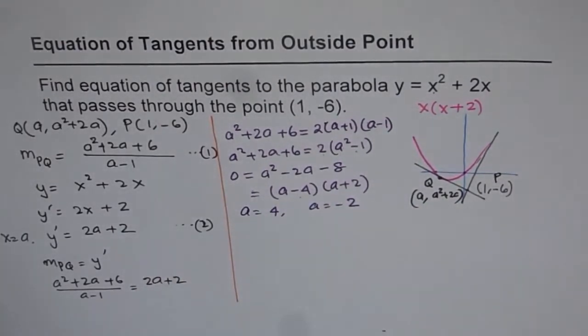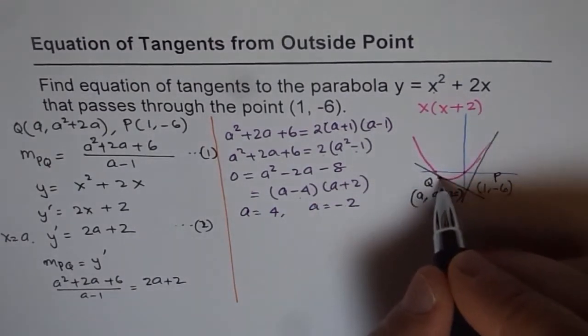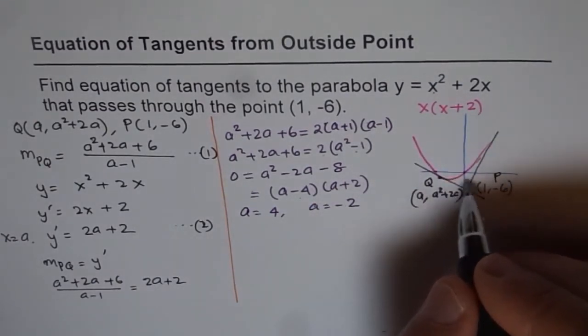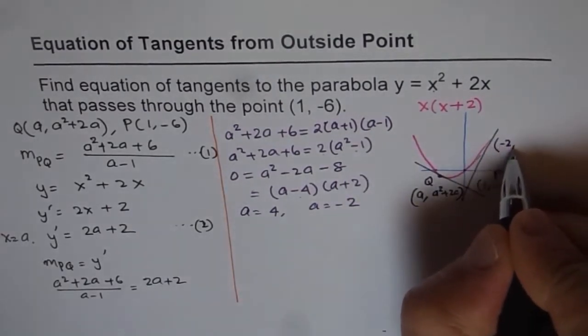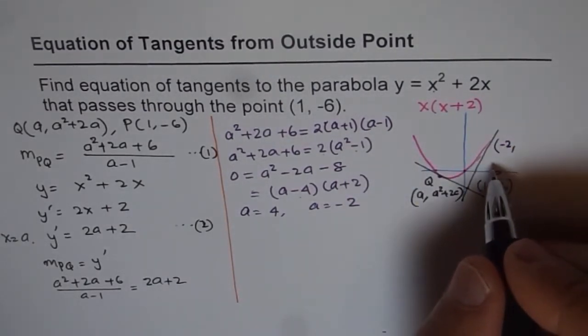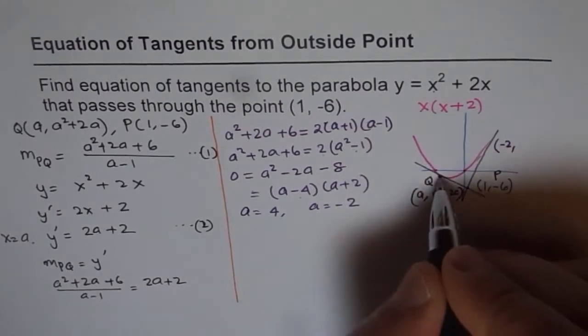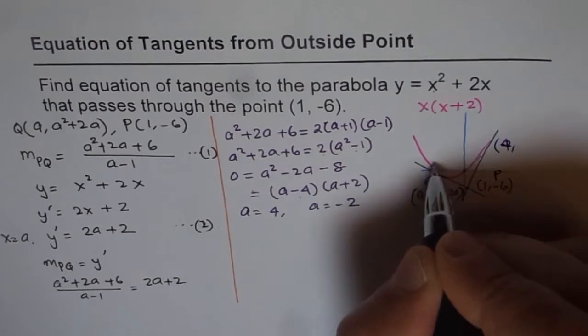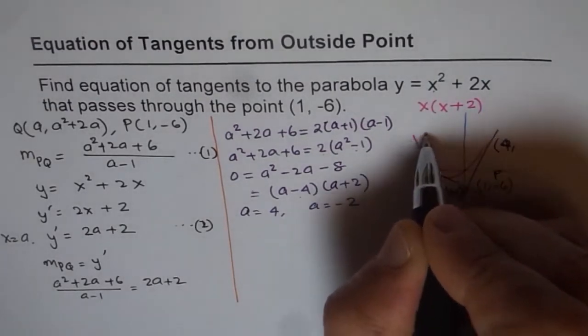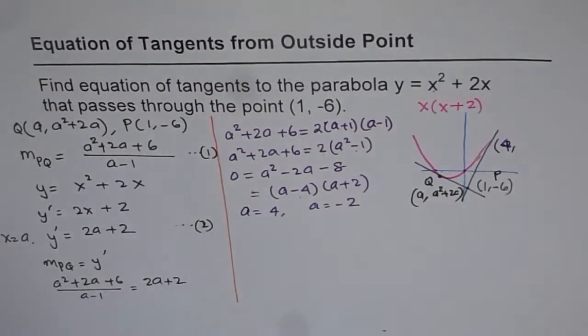So these could be two values of a. So that means this side will be a equals 4 and that side it will be a equals minus 2, right? So this is minus 8, so minus 2.